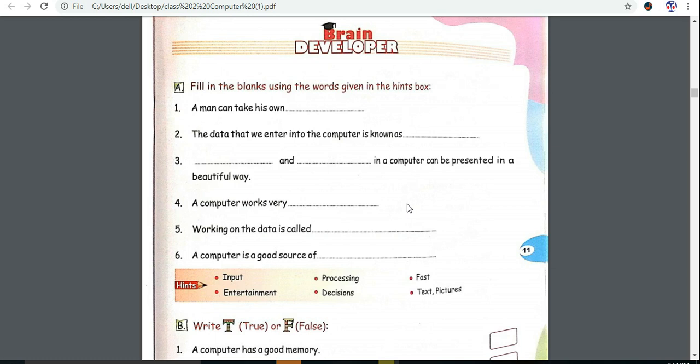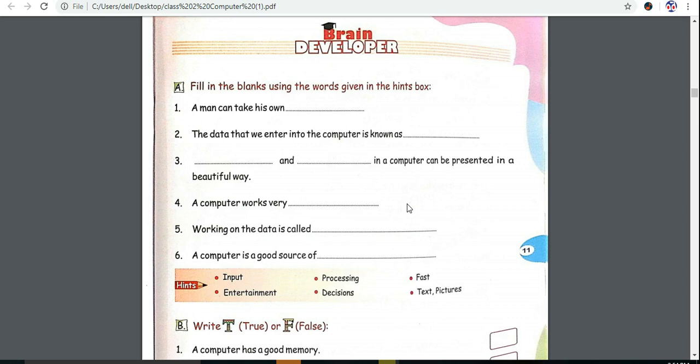We can display our text and pictures in a beautiful manner with the help of computer, right? Next, a computer works very fast. This topic also we have covered in the difference between man and computer. Computer works very fast as compared to a man. So the right answer is fast.